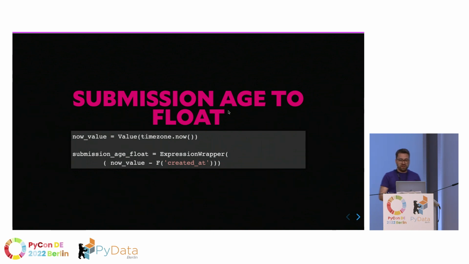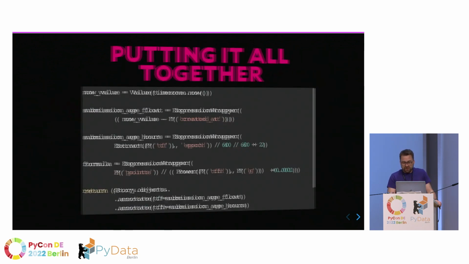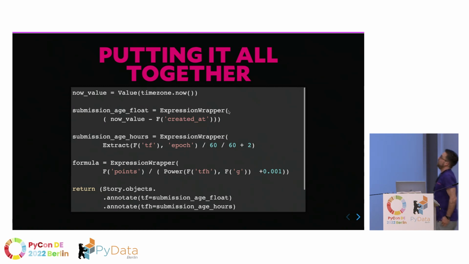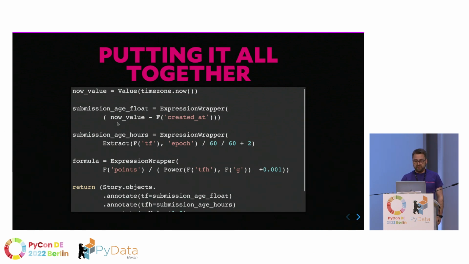The reason why we, in this case, use timezone.now instead of the now function on the database is because we want to be able to go back in time and show the front page of Pythonic News at a different date, for example. So when we put all this together, we finally get somewhere. We build our expressions in Django ORM.